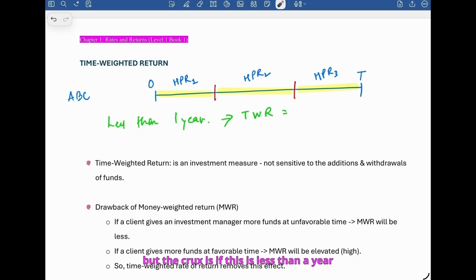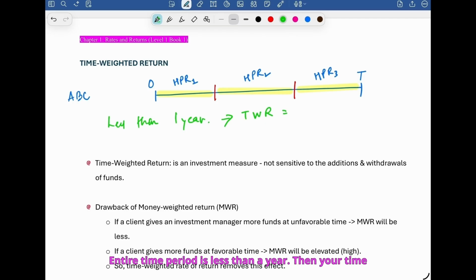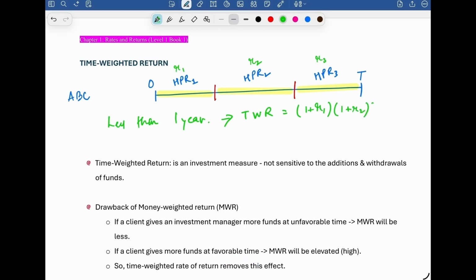But the crux is, if this entire time period is less than a year, then your time weighted return formula will be the multiple holding period return formula. If you remember the multiple holding period return formula, let's make this HPR as R1, this as R2, this as R3. The formula was (1 plus R1)(1 plus R2)(1 plus R3) minus 1.